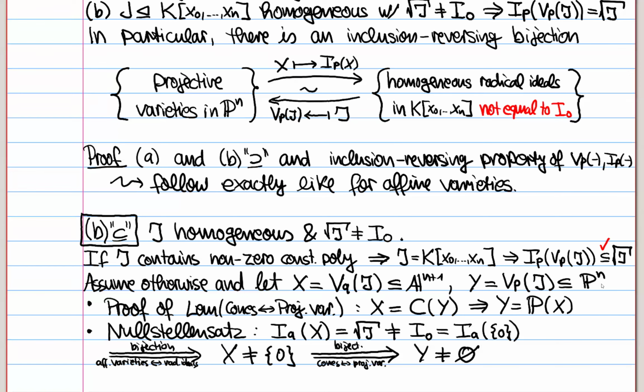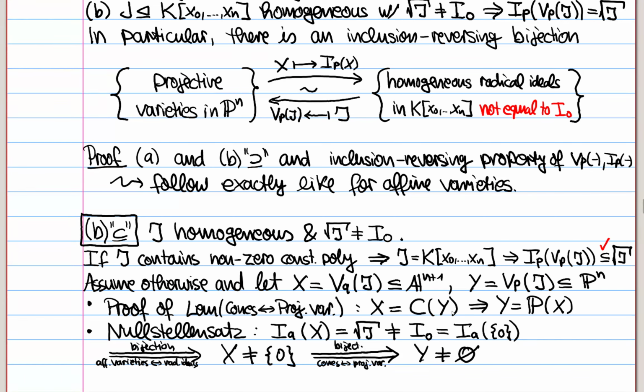And we have seen in the proof of the correspondence between cones and projective varieties that indeed X is the cone over Y. This was one of the things that we showed in this proof, using that this condition is not satisfied for J. So indeed, that is a cone, that is a projective variety.